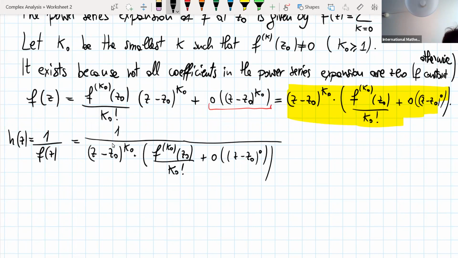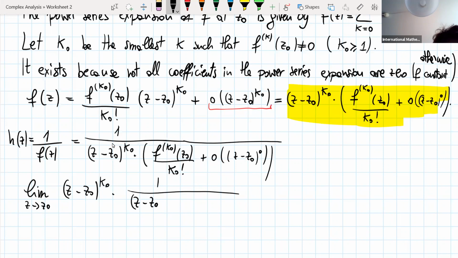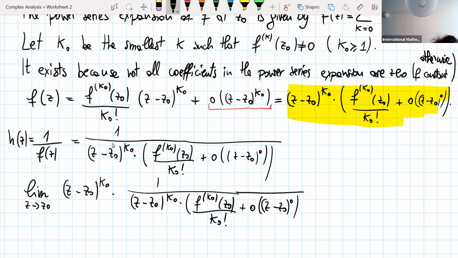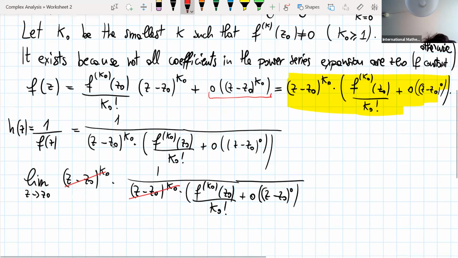Why is that so? Because now if we take the limit for z going to z0 of z minus z0 to the k0 times the function 1 over f, we have this simplification, and we get the limit of 1 over some function.